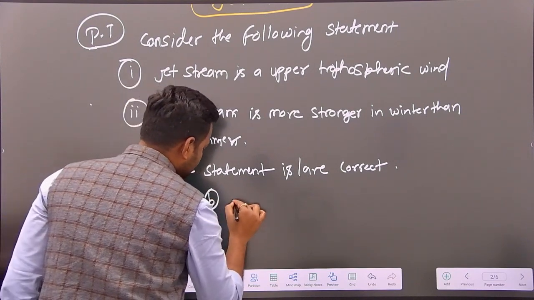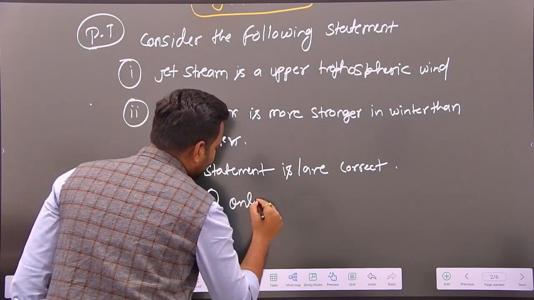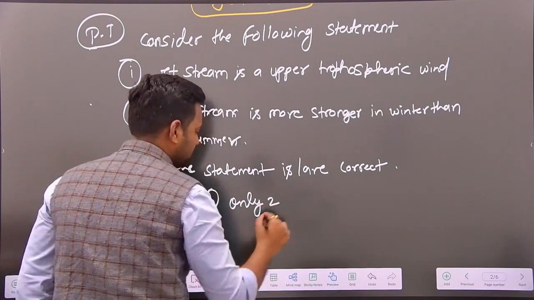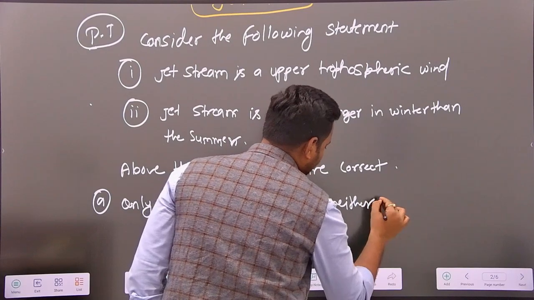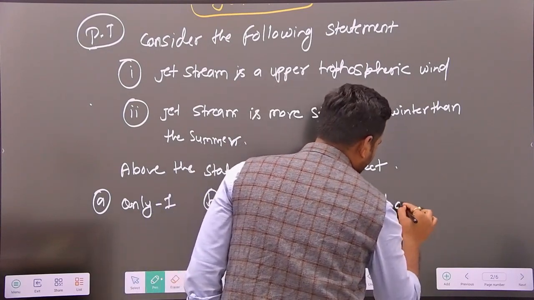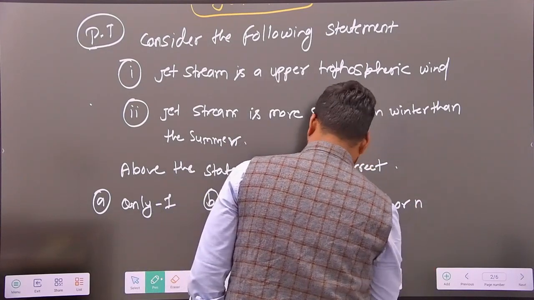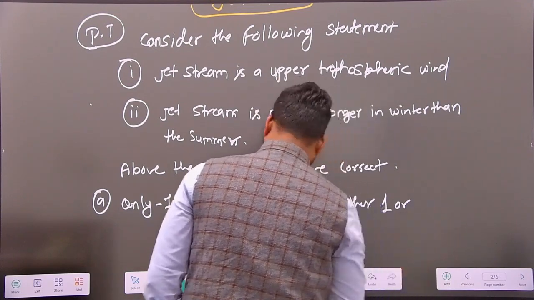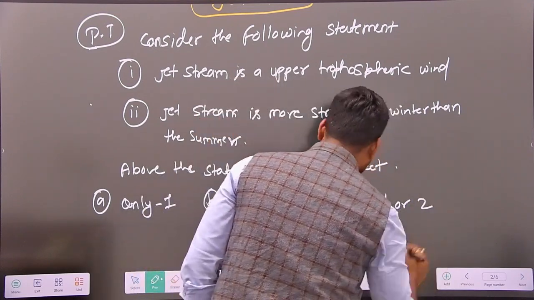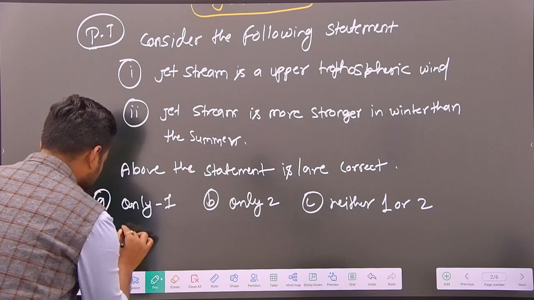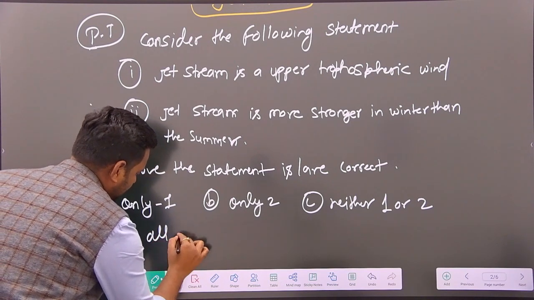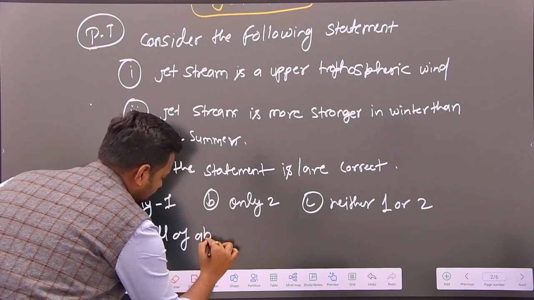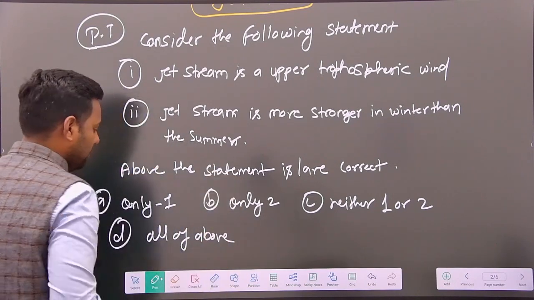Option B is only two, and option C is neither one nor two, and D, all of the above.